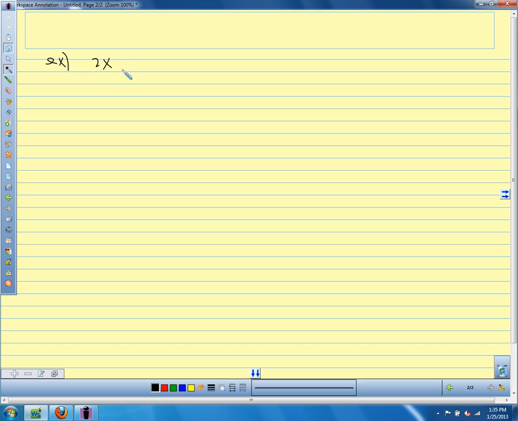2x minus 1 over x plus 3 plus, now we're adding 1 minus x over x plus 3. So what can I do here? I can just add the terms on the numerator, right? Because we have a common denominator.